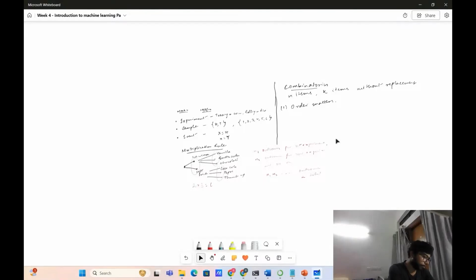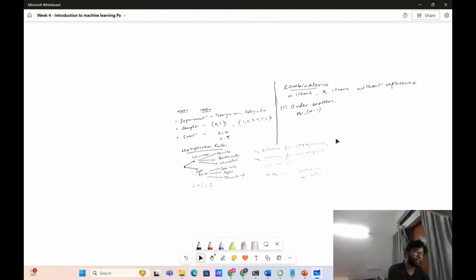For the first item, you have n choices. You can pick any one of the n items, right? For the second item, you have n minus 1 choices. This is again coming from the multiplication rule, right? For each of the n balls you have picked, for picking the second ball, that is performing the second experiment, you have n minus 1 choices.